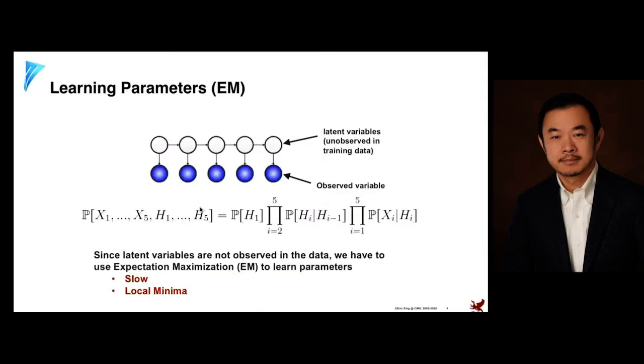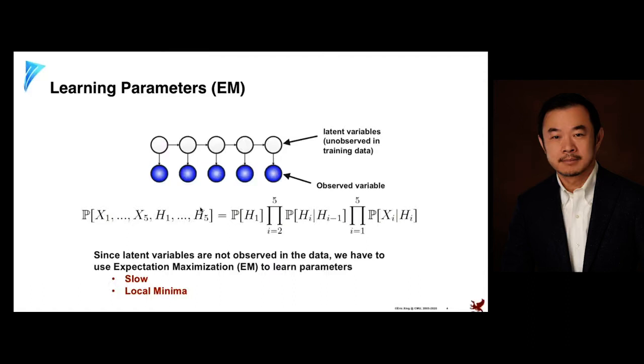So how to learn such a model, right? I guess at this point, you should be very well aware of a very common technique known as the EM algorithm. You are going to basically iterate between an estimation step and a learning step.